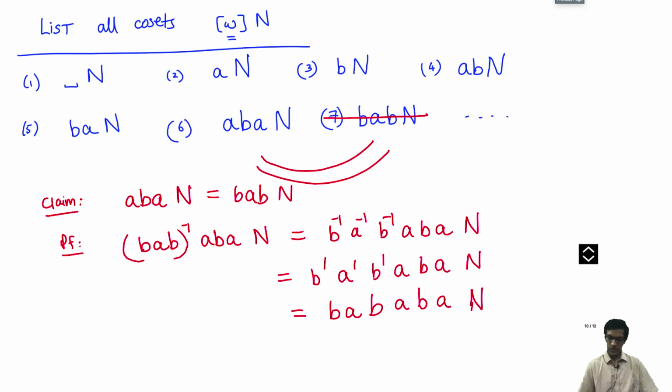In other words, this list here: empty N, AN, BN, ABN, BAN or ABAN.